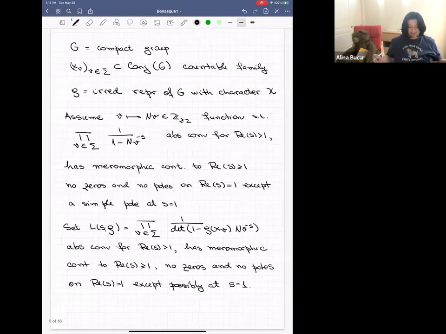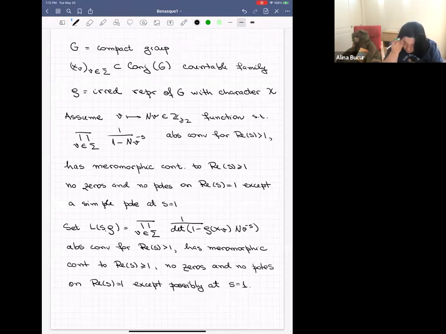So let's see what the setup is. We start with a compact group G, and we take a countable family in the space of conjugacy classes of G. And then we assume that we have some irreducible representation rho of G with character chi, and assume that you have some function n, which takes values in integers that are at least 2, from this Sigma to the integers bigger than or equal to 2.